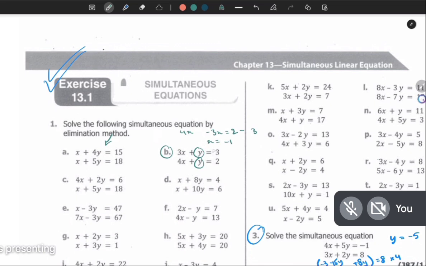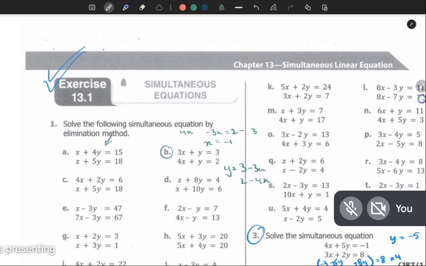Now input that value into any of these in order to find y. x की वैल्यू है तो x की जगह आएगी, राइट? हमारे पास इक्वेशन क्या थी? y is equal to 3 minus 3x, right? And 2 minus 4x.